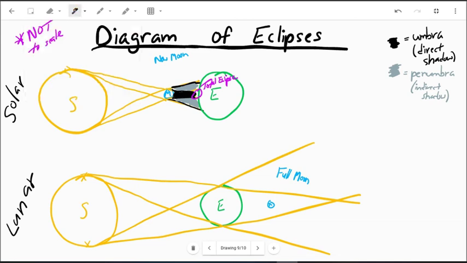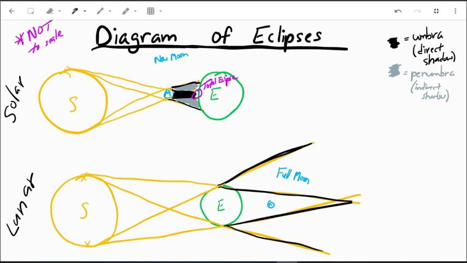Again, you don't have light going past the Earth, so that becomes shadow. Where you have double blocking of light, that becomes the direct shadow, the umbra.